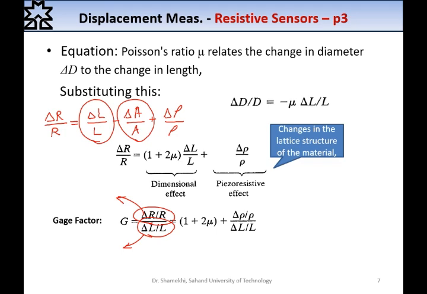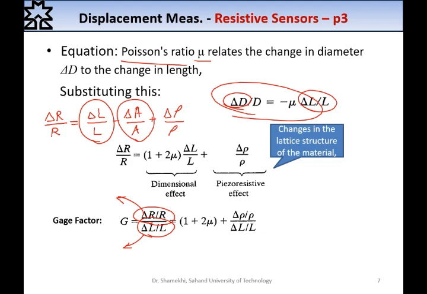For this purpose, we should use the Poisson ratio mu, that gives us a simple relation between the variation of the diameter and the variation of the length in a fine wire.